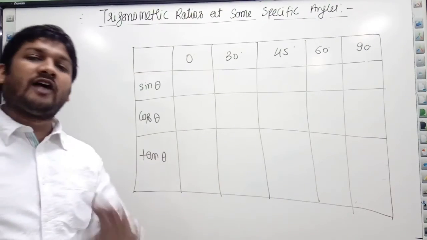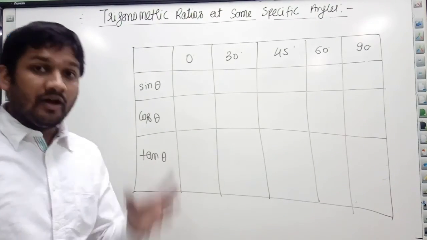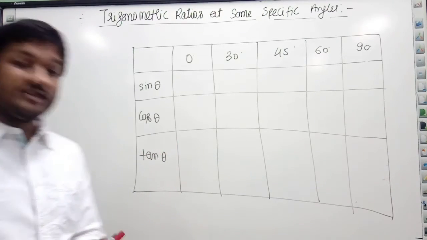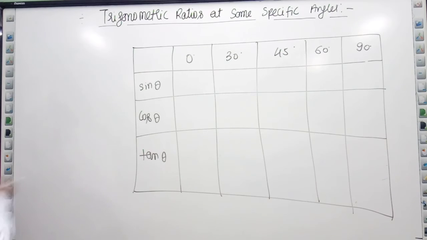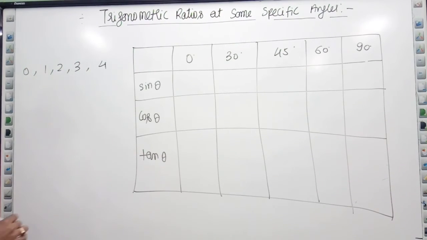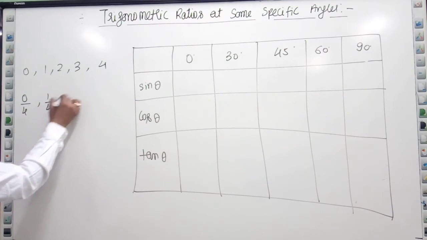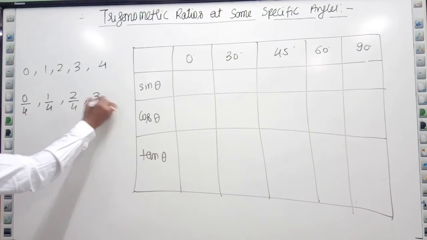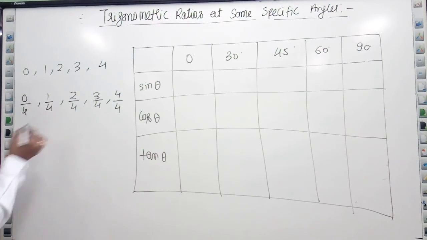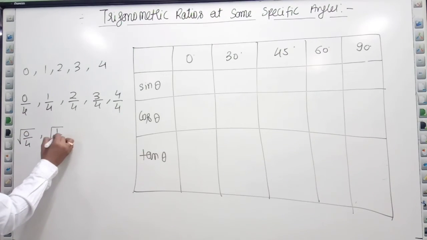So at the end, after calculating all the angles, I can put the values here. There is also a trick to remember the trigonometrical table. What is the trick? You can write the numbers 0, 1, 2, 3, 4, from 0 to 4, and divide each number by 4. And at the third step, write all the values under root.